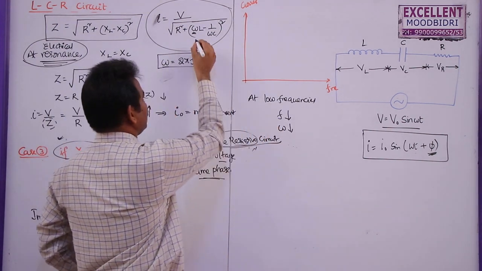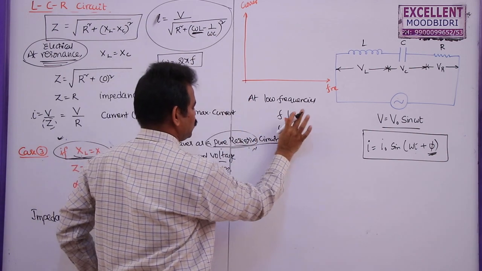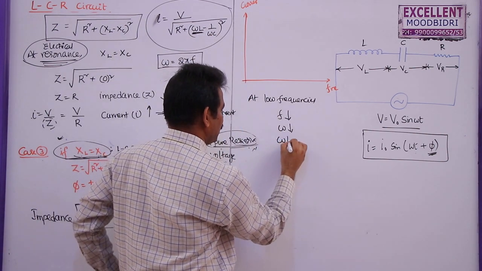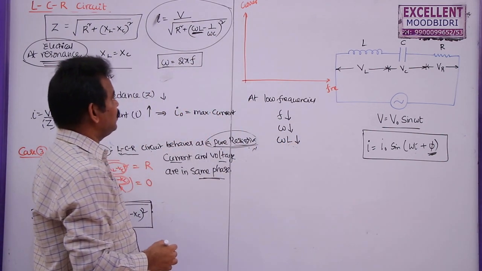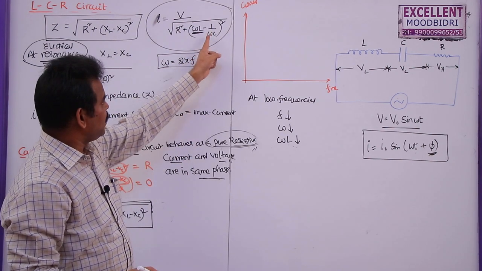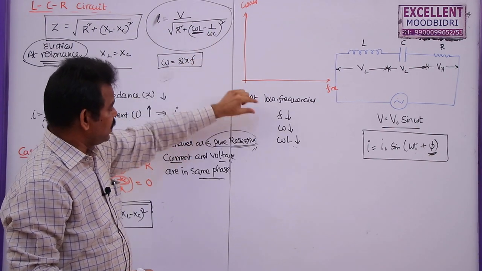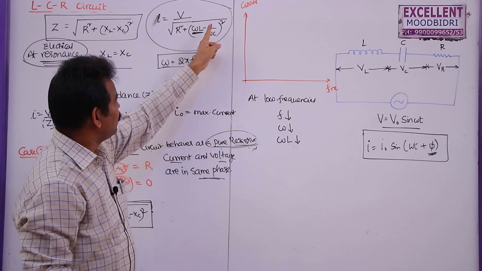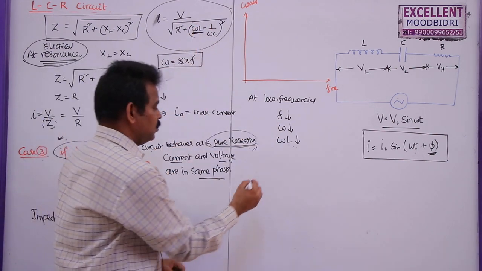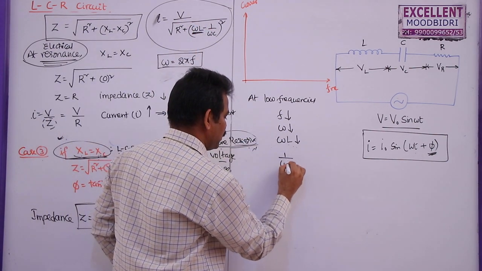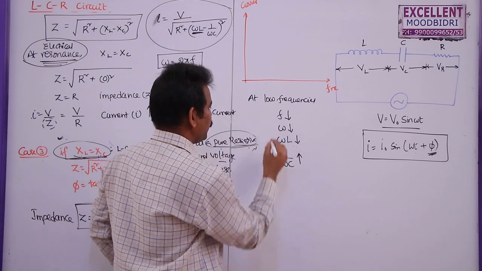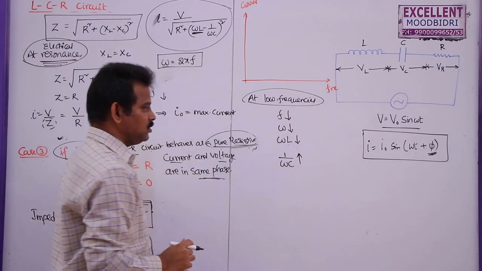As omega is less, omega L, that is XL, will also be less. But as frequency is less, omega is less, but 1 by omega is more. So you can write 1 by omega C is more here. So this is all at low frequencies of AC.